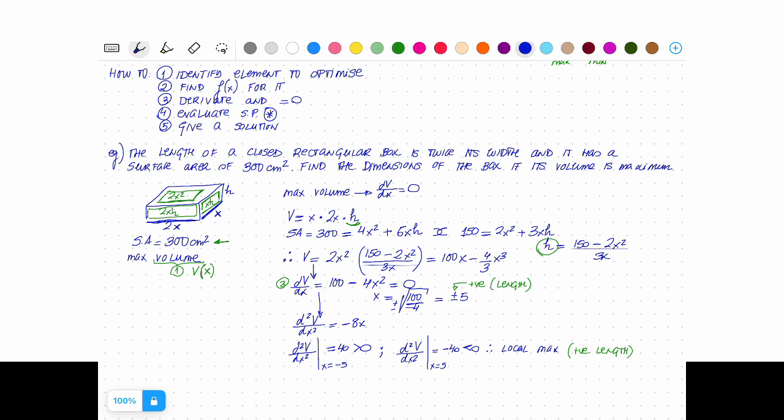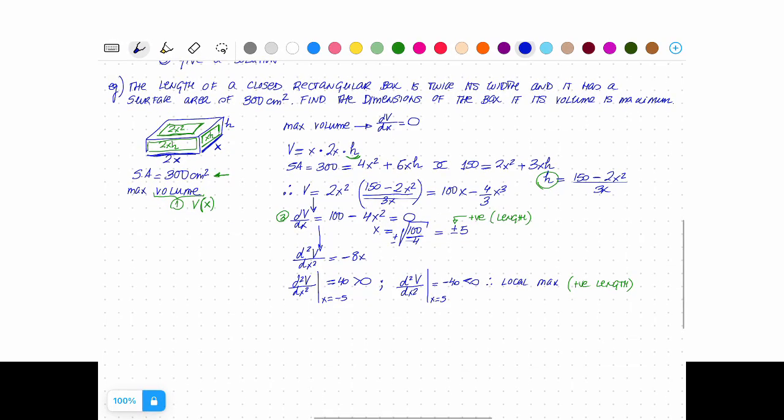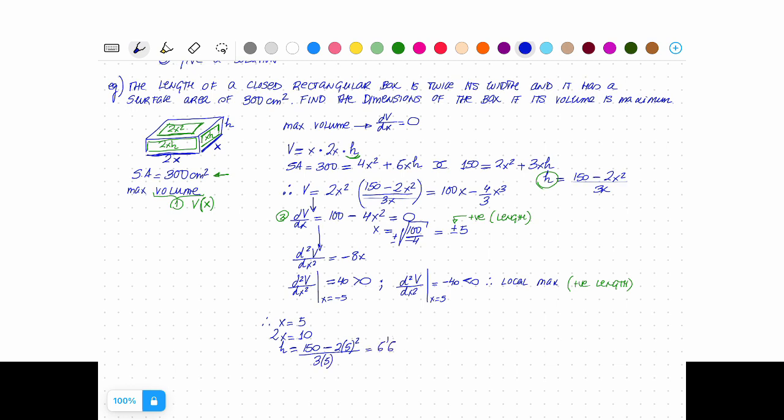All right, we've got the number. Now we just need to actually give a solution, because that's going to mean that x equals 5, but they want the whole dimensions. 2x equals 10, and h, remember I've got an expression for h, so I'm just going to substitute 150 minus 2 times 5 squared over 3 times 5, and that gives you 6.6 recurring, or if you want 6 2/3.